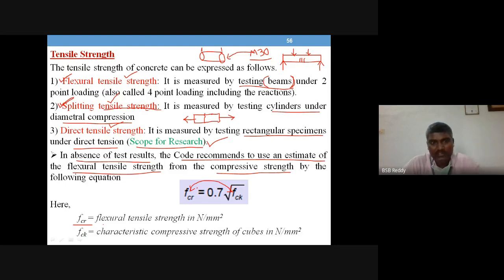That is by a simple relation, fcr = 0.7 times root fck. Okay, so if you know the compressive strength value, you can straight away find the flexural tensile strength. So this is how we get the flexural tensile strength value.